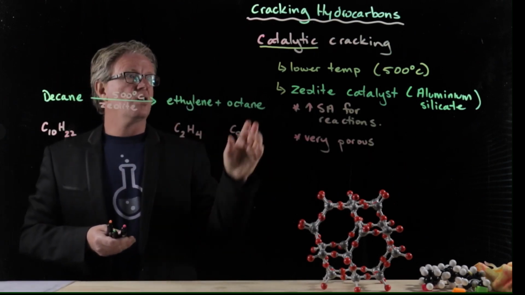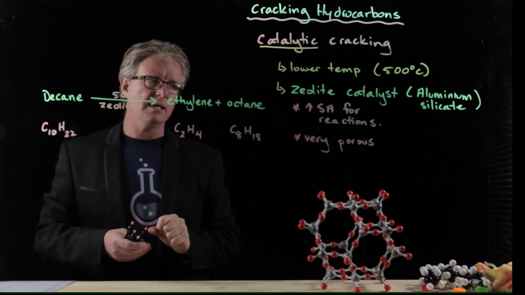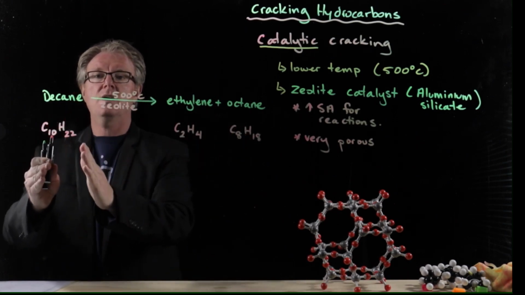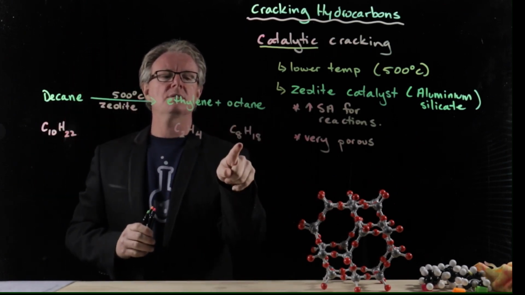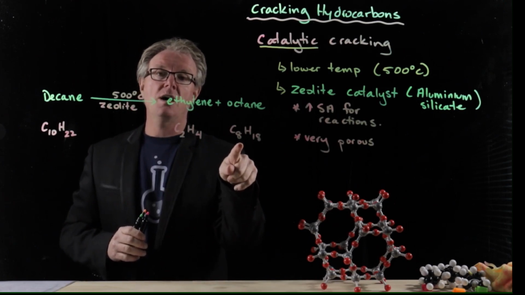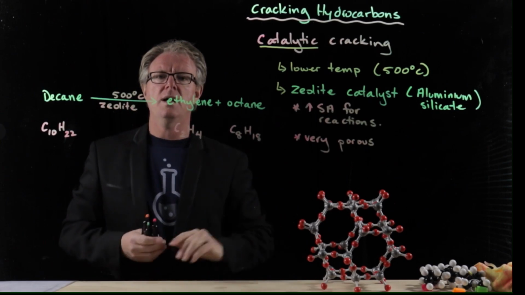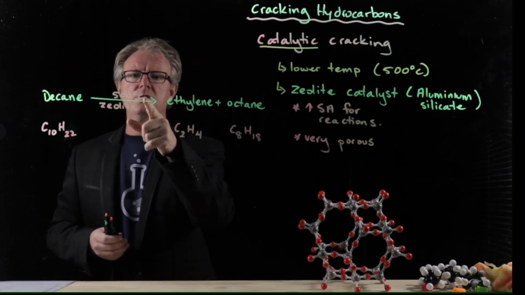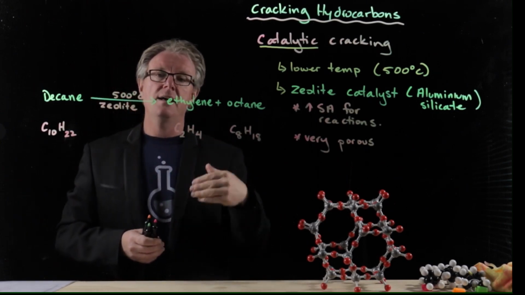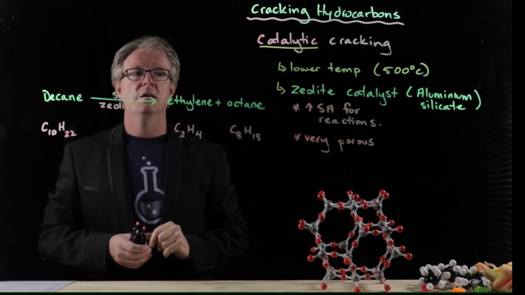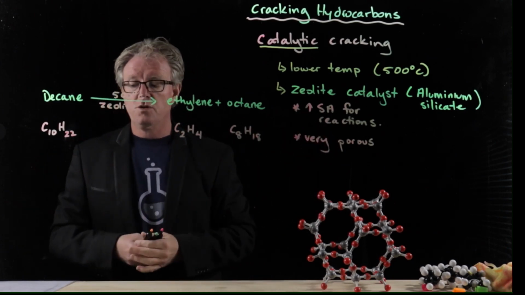So that's the process of catalytic cracking. Same sort of idea, large hydrocarbon to smaller hydrocarbons, making a fuel-sized fraction in octane, and also making an ethylene that we can use for other processes. But it occurs at a lower temperature, and it's a lot more efficient because it's very porous and increases the reaction rate. So that's it for catalytic cracking.